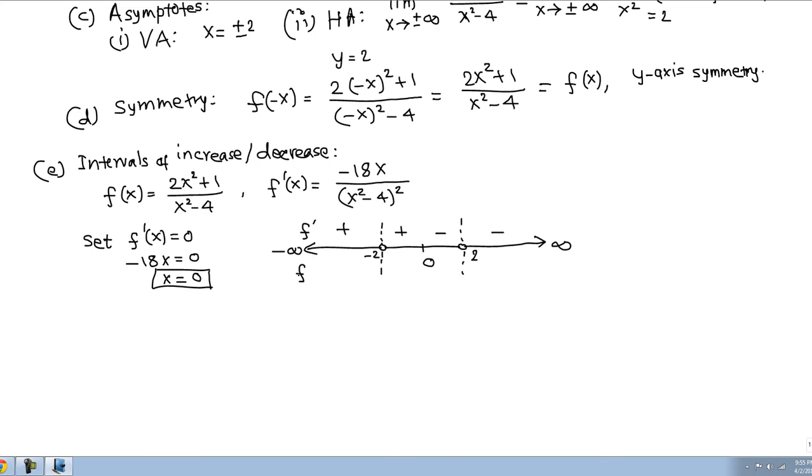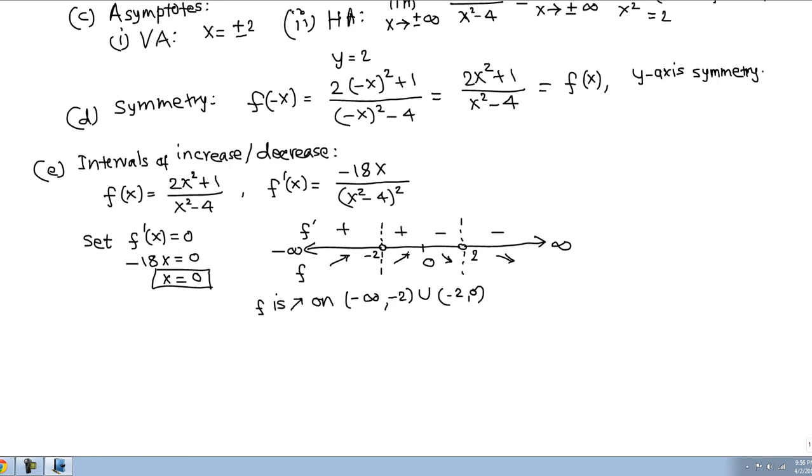That means the derivative positive means the function is increasing on this interval, and negative means decreasing. So we write the function is increasing on negative infinity through negative 2, and negative 2 to 0.